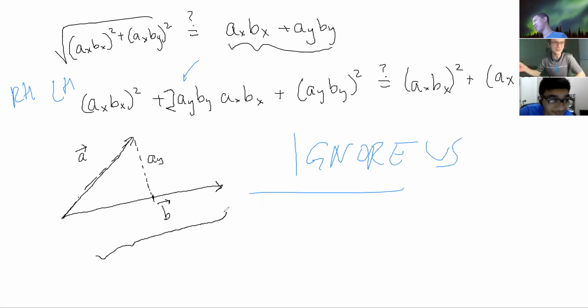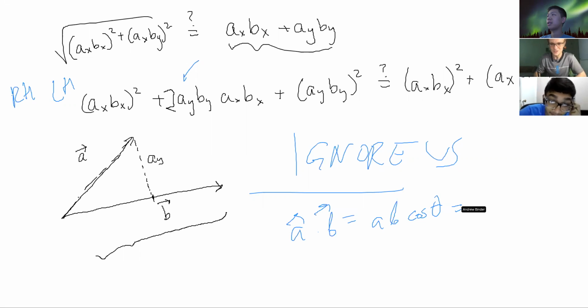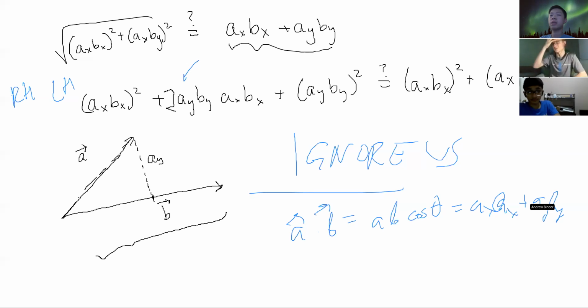If we remember the derivation, we'll tell you. But for now, A dot B equals AB cosine theta equals AX BX, sorry, plus AY BY. My God, that's embarrassing.